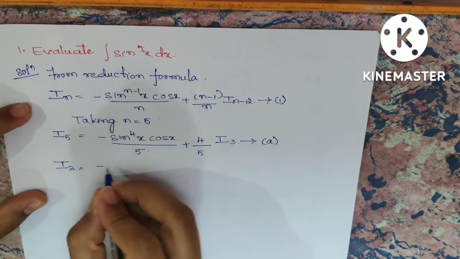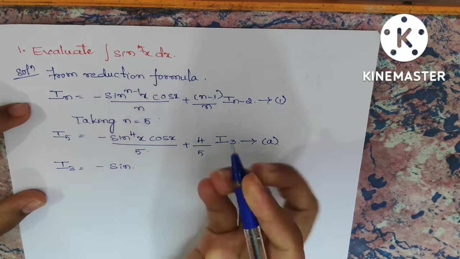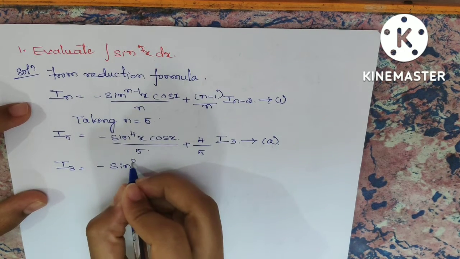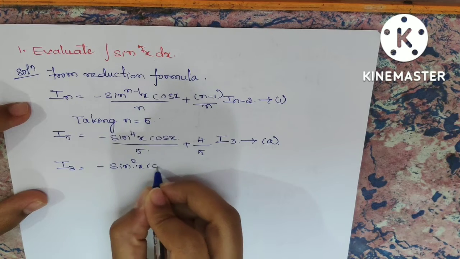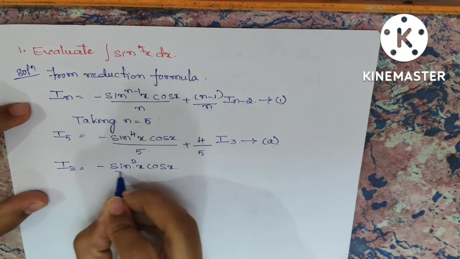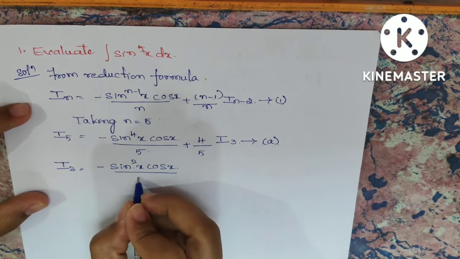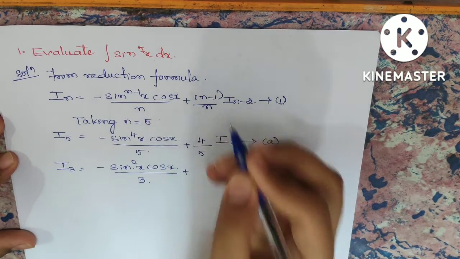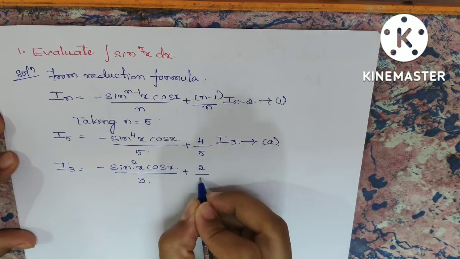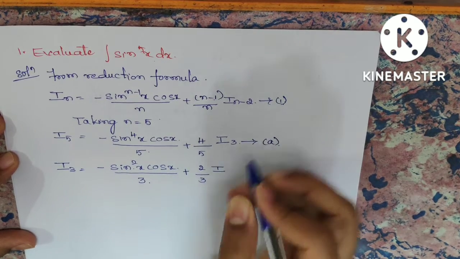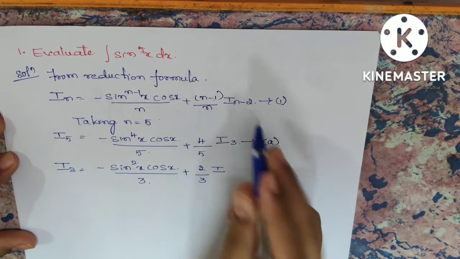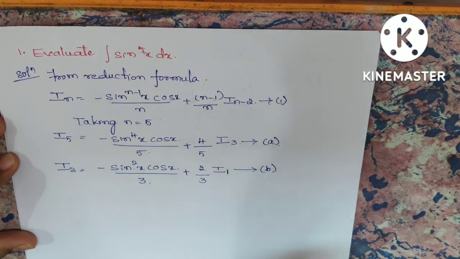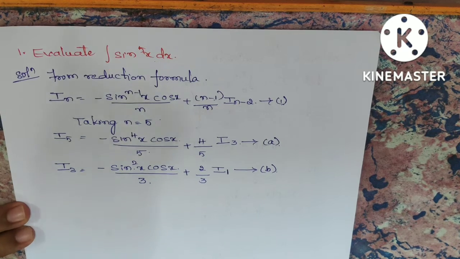I3 equals minus sin power n minus 1, that is 3 minus 1 is 2, x cos x divided by n, which is 3, plus n minus 1, that is 3 minus 1 is 2, by 3 I, in place of n, 3 minus 2 is I1. Let us denote this by B.